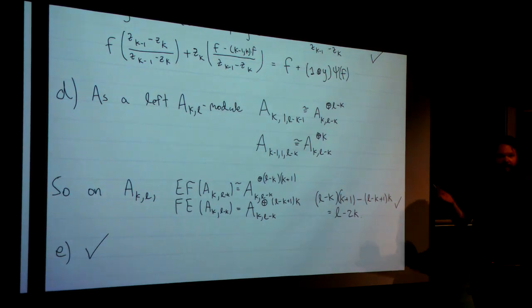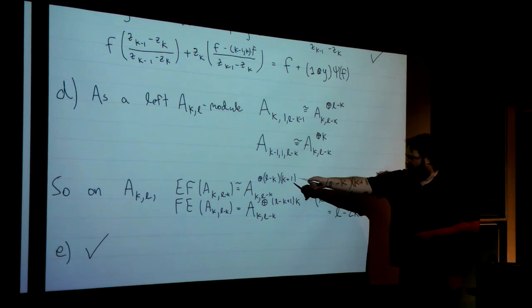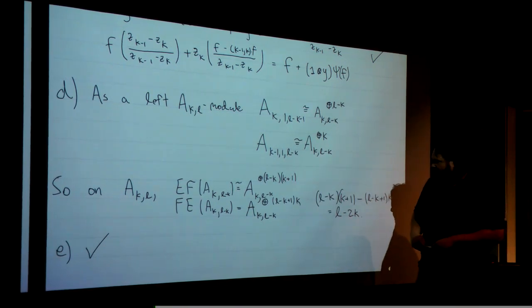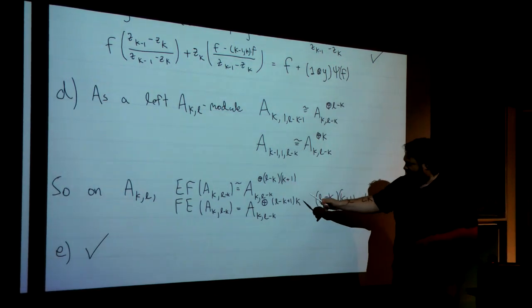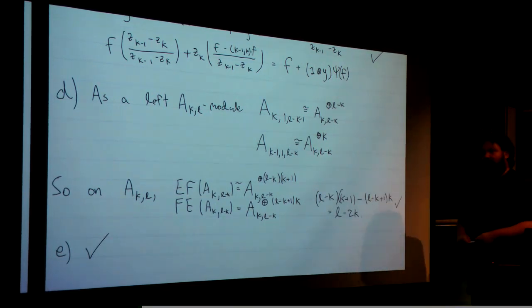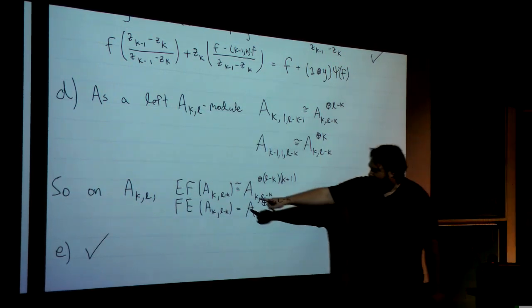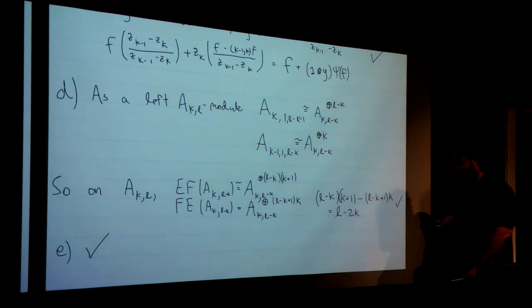And I just have to check that the numbers are different by the right amount. So I get k times (L minus k plus 1) for EF, and (L minus k plus 1) times k for FE, and the difference indeed is L minus 2k, which is what I wanted. This is in the L minus 2k weight space.